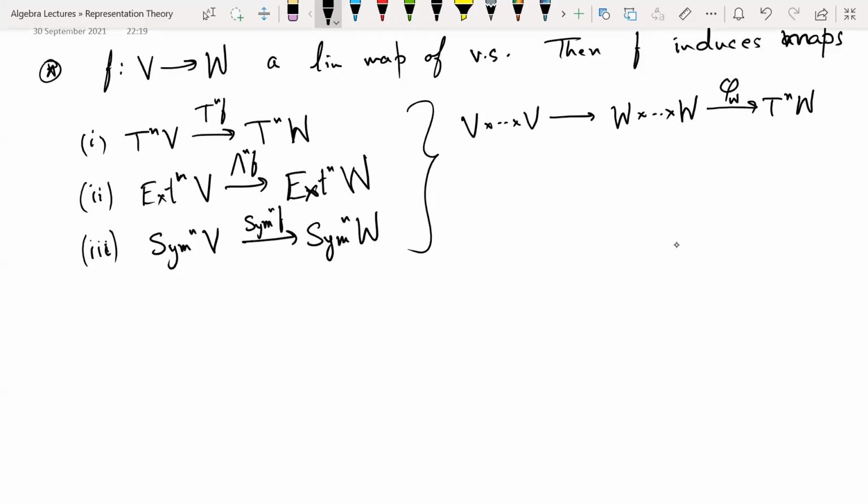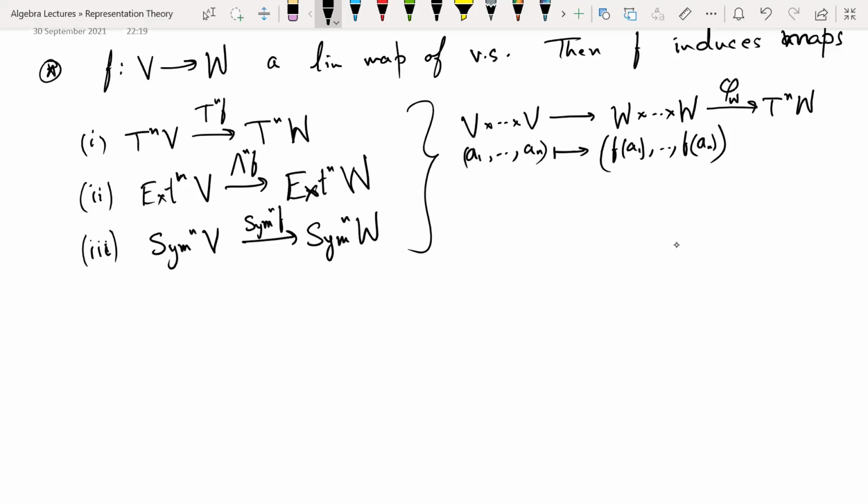And this map is just you apply f to each component. So (a1, ..., an) goes to (f(a1), ..., f(an)).